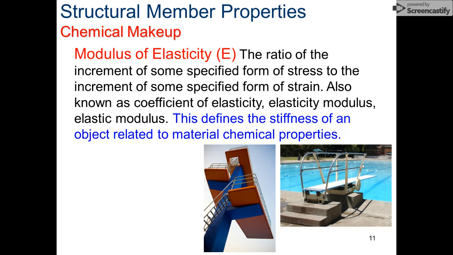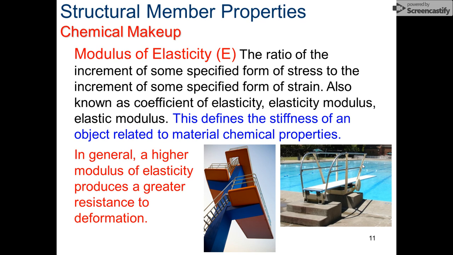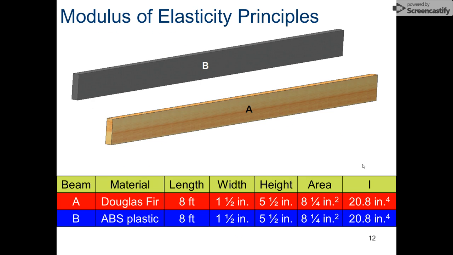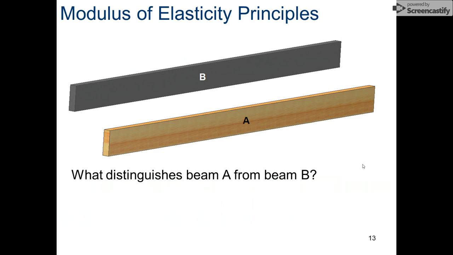This one is about its chemical makeup. In general, a higher modulus of elasticity produces a greater resistance to deformation. So here we have beam B, which is ABS plastic. It's 8 foot. They're the exact same orientation and the same moment of inertia.